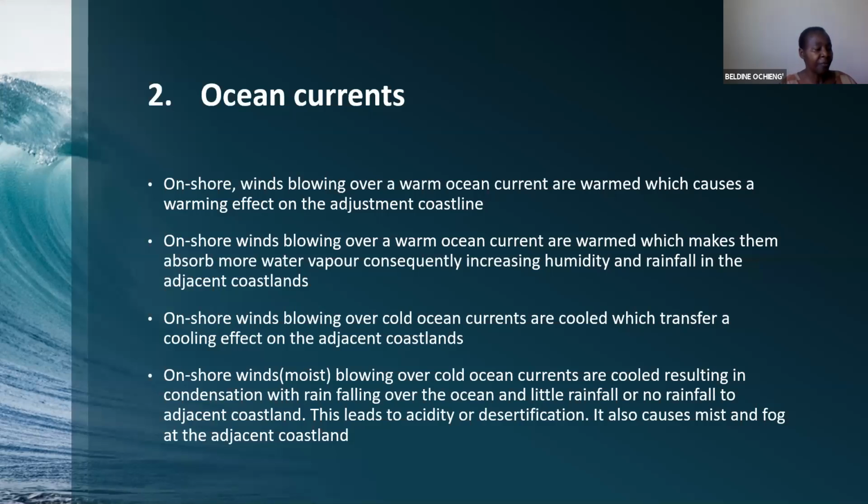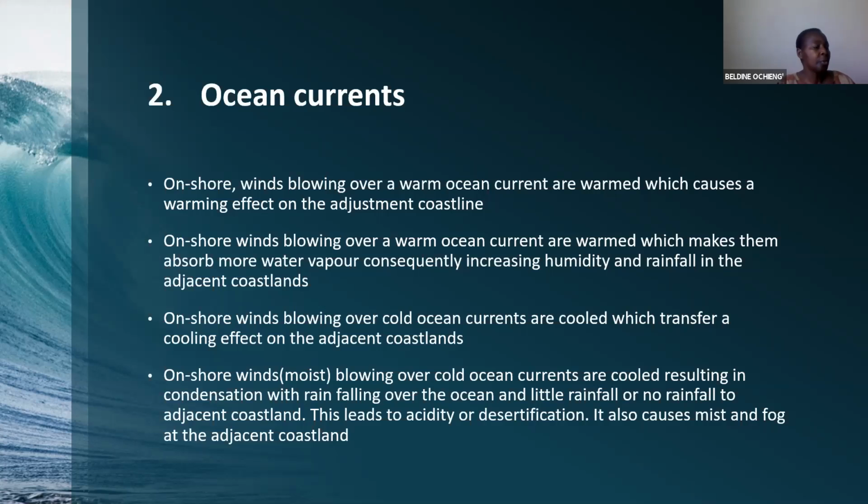That rain will fall on the ocean, and little of it or no rainfall to the adjacent coastline. But we will be having some fog or mist forming on the coastline. Equally, it leads to aridity or desertification on some other areas.